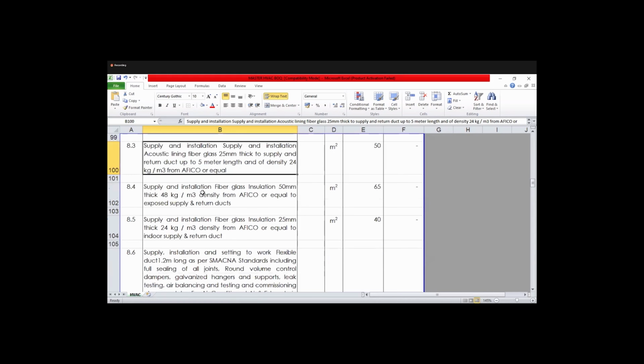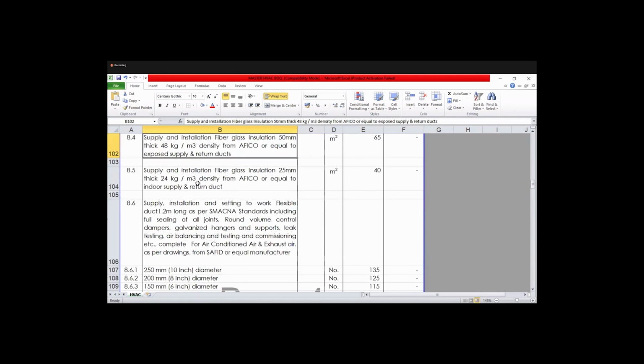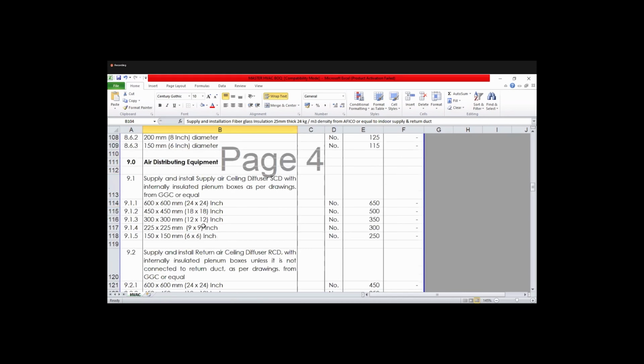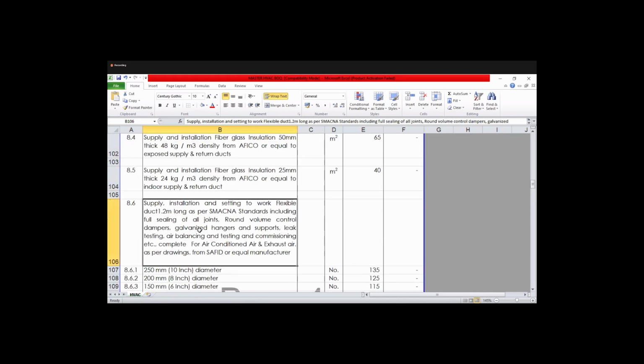It differs based on the installation: for indoor we provide 24 kg, and for outdoor we provide 48 kg. As we discussed in detail yesterday, the same specification has to be mentioned in the BOQ.